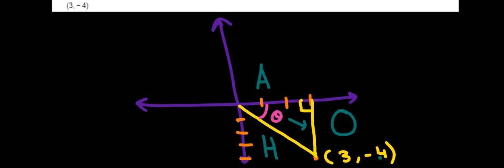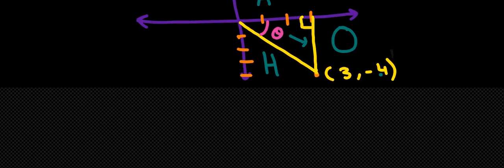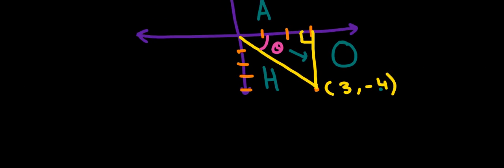So if I go and look at this now, I'm going to see that the opposite side is going to be our -4, and our adjacent is going to be 3.